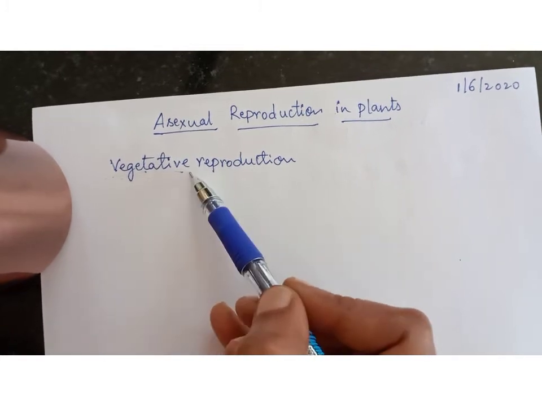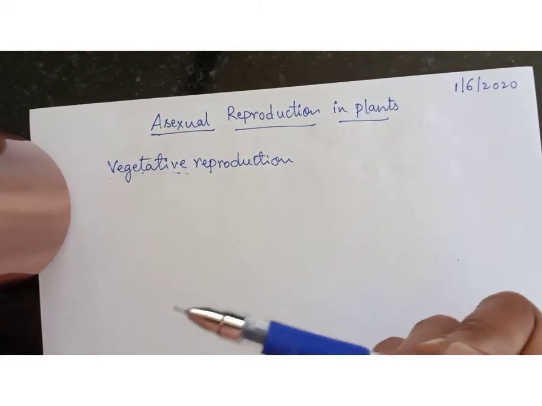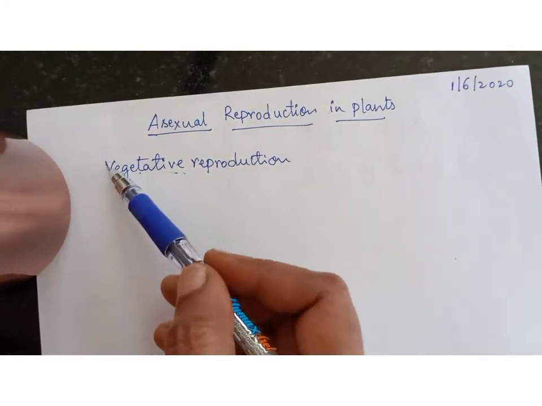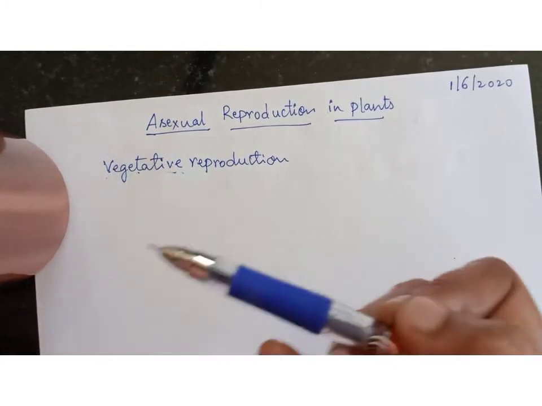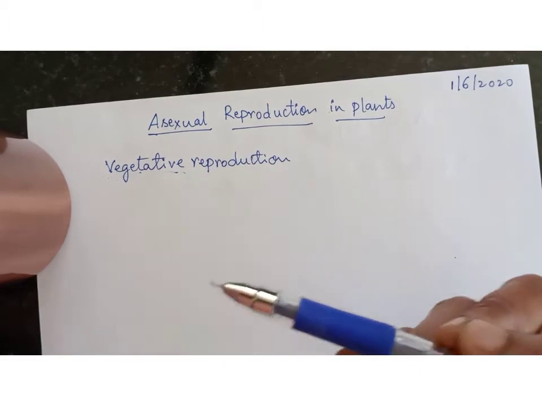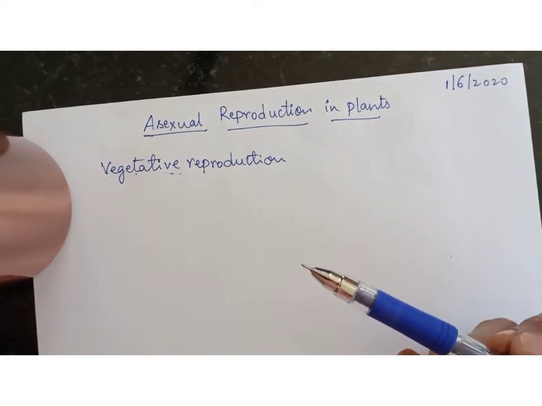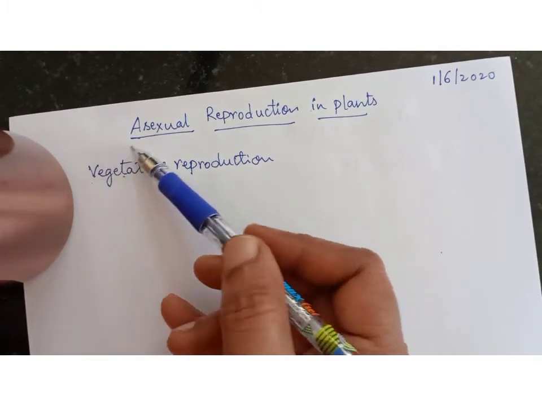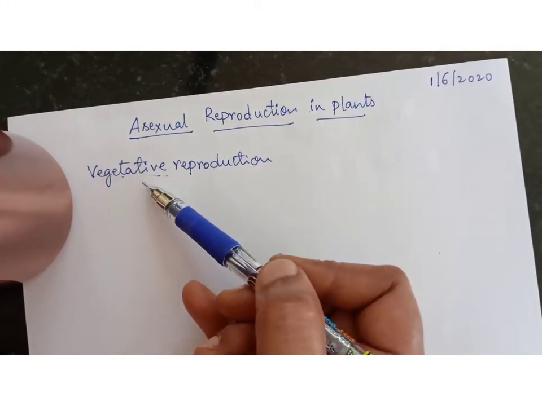The vegetative part consists of the roots and the stem or shoot system, which is involved in the growth and physiological activity of the plant body. Those are referred to as the vegetative part of the plant body.